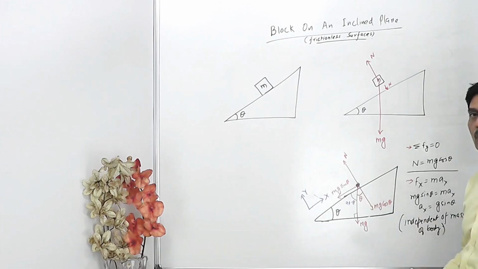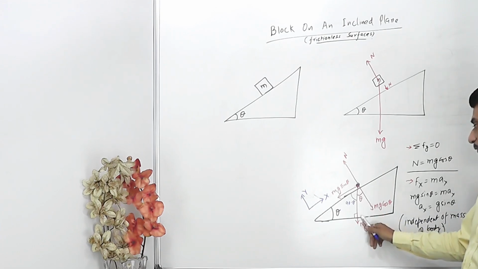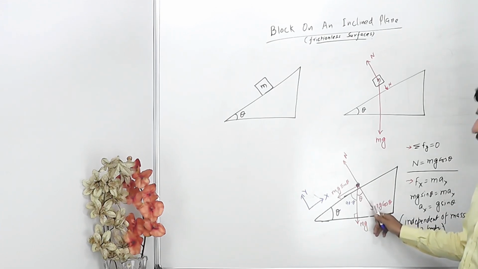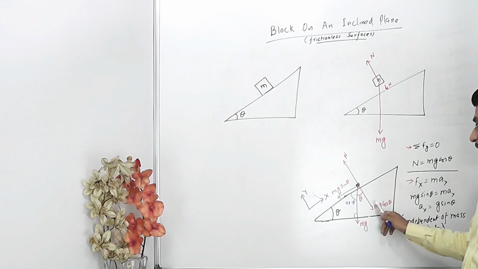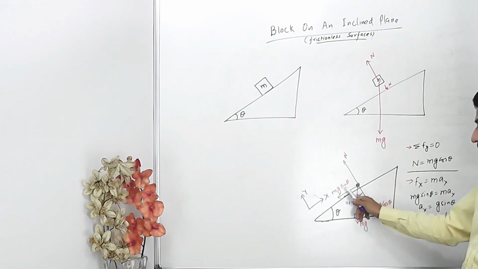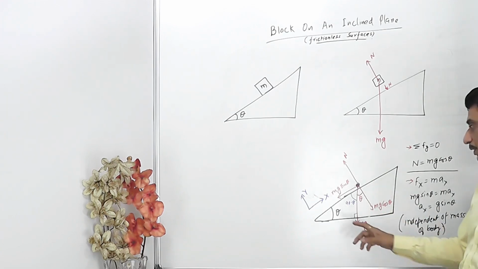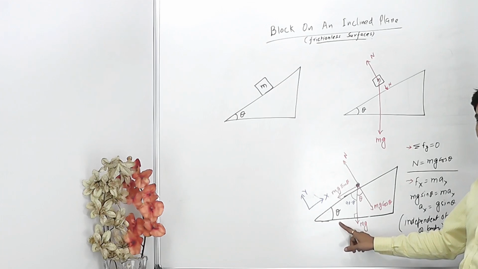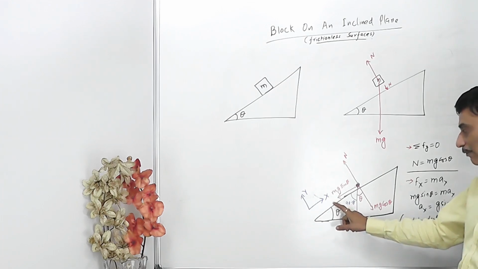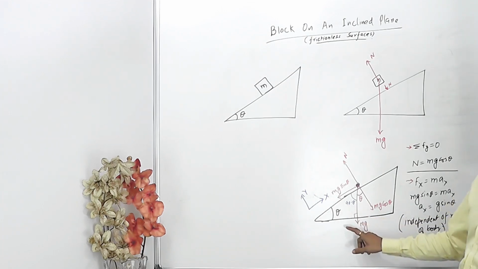We know, as we have done earlier in resolution of vectors, if this is a force and this is theta, then this comes out to be the cos component. If this is mg, this comes out to be mg cos theta, and the other rectangular component comes out to be mg sin theta. Also, if you wish to remember, whatsoever is the angle between two intersecting lines, the same will be the angle between their perpendicular lines.